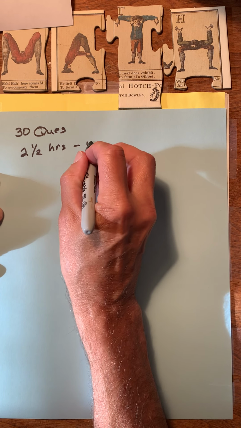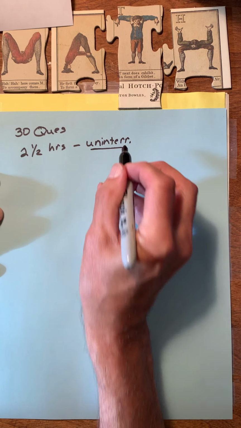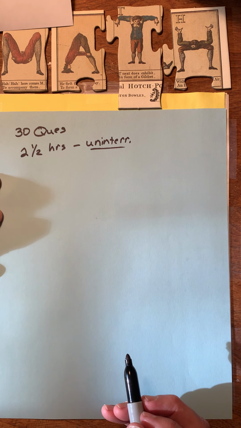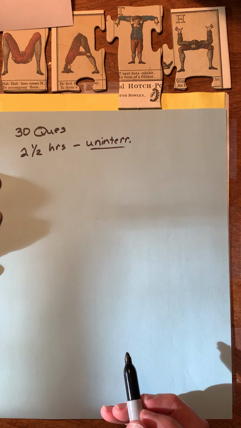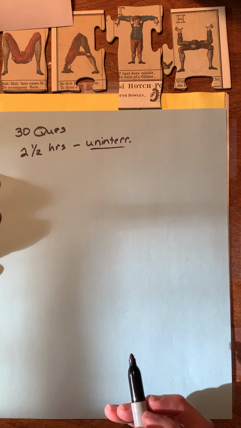Once again, it is uninterrupted time, so whenever you start, you have 2.5 hours to finish. So don't start until you're ready to go and have nothing else in front of you.